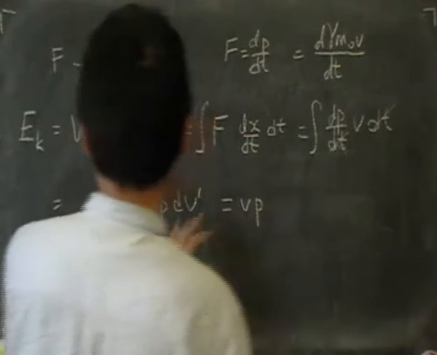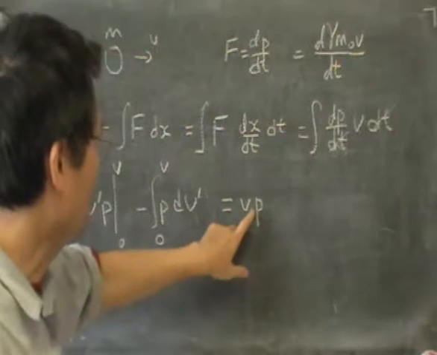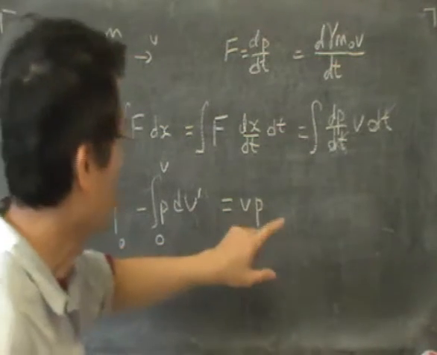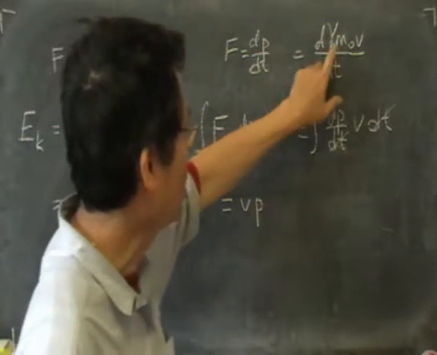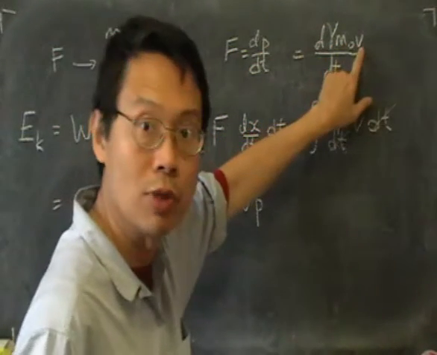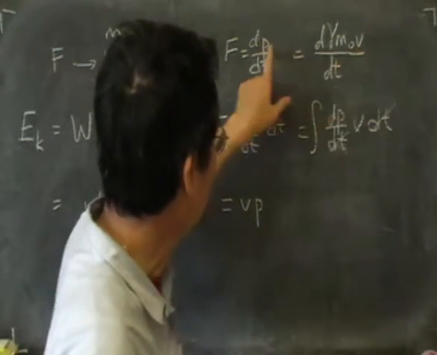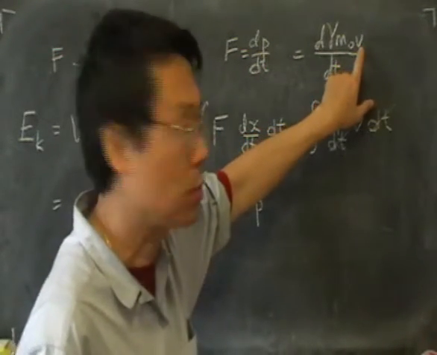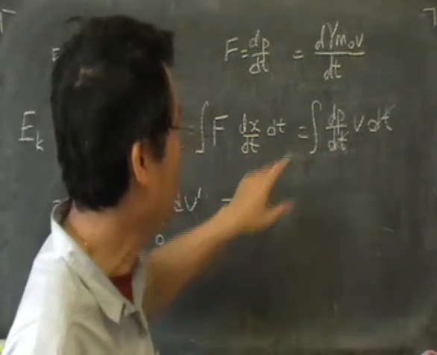Vp. And what do we mean by corresponding velocity for p? If you look back at this expression, p is actually gamma m0 v. Now m0 is a constant, but we see here that p depends on v. So that v there must be the final velocity for the p here, the momentum here.